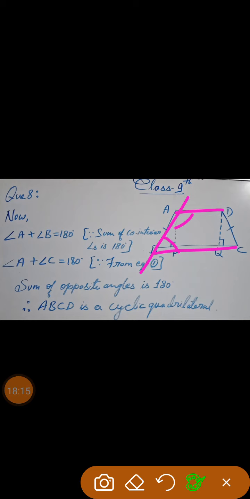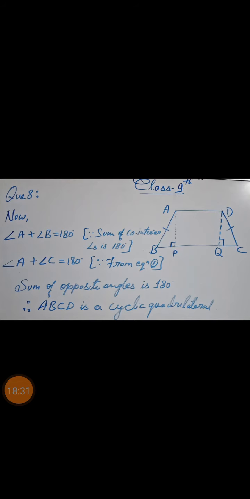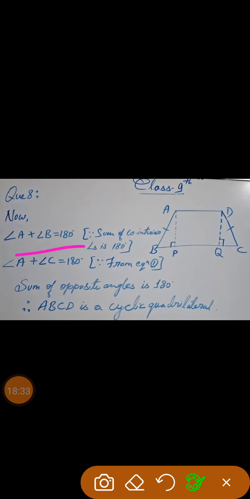We know that the sum of interior angles on the same side of a transversal is 180 degrees. So we write here angle A plus angle B is equal to 180 degrees. Write the reason also as I have written here.